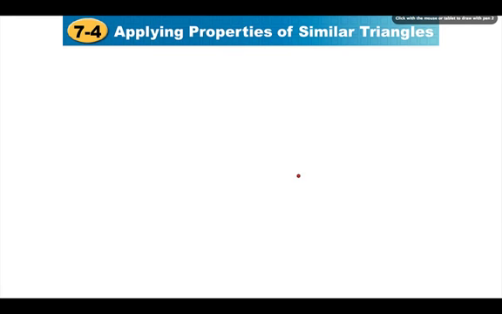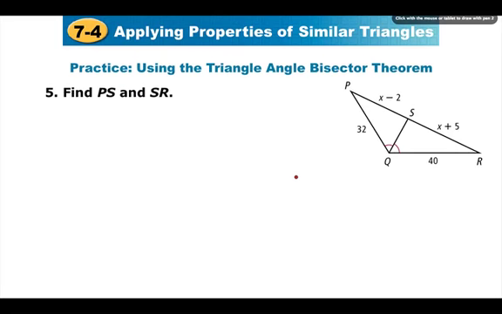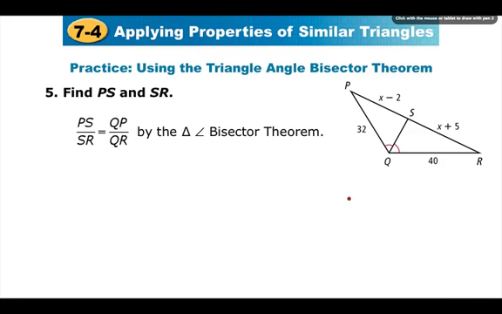It says find PS and SR. I have an angle bisector here. So I apply theorem 7.4.4, the triangle angle bisector theorem. And this is what I can write. PS over SR is equal to QP over QR. I go over here and then I substitute.